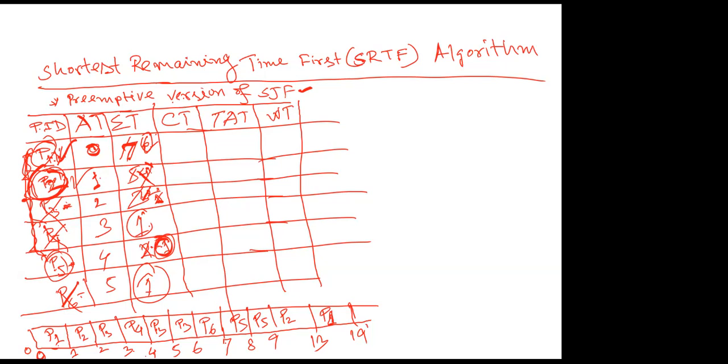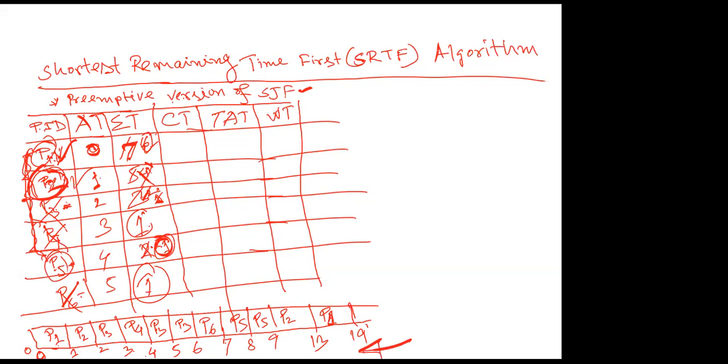Next, let's compute the CT as well as the TAT and WT for the SRTF algorithm. Let's see how it looks. For CT, completion time, we can go back through the chart and find the completion time.